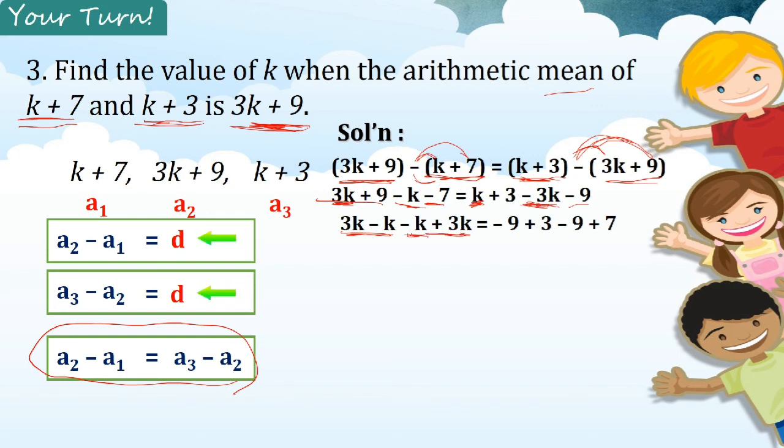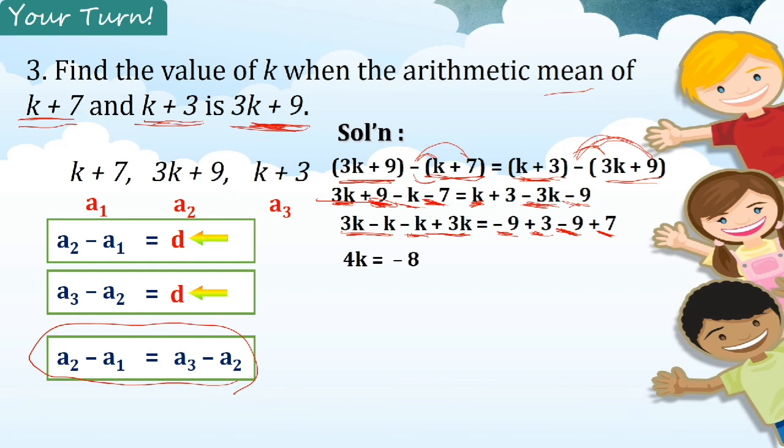And then, negative 9. Okay, maiwan si negative 9 and then si positive 3. And then from, ito siya, from positive 9, transpose natin dito maging negative 9. So from negative 7, transpose natin maging positive 7.